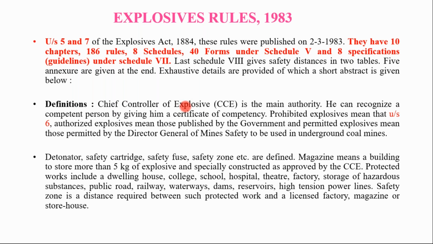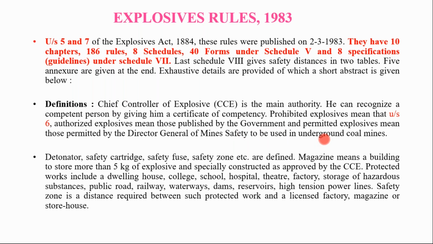He can recognize a competent person by giving a certificate of competency. Prohibited explosive means under section 6. Authorized explosive means those published by the government, and permitted explosive means those permitted by the DGMS, the Director General of Mines Safety, to be used in underground coal mines.